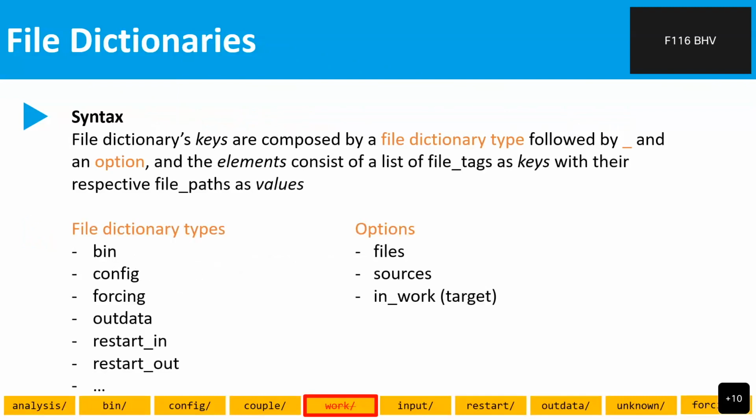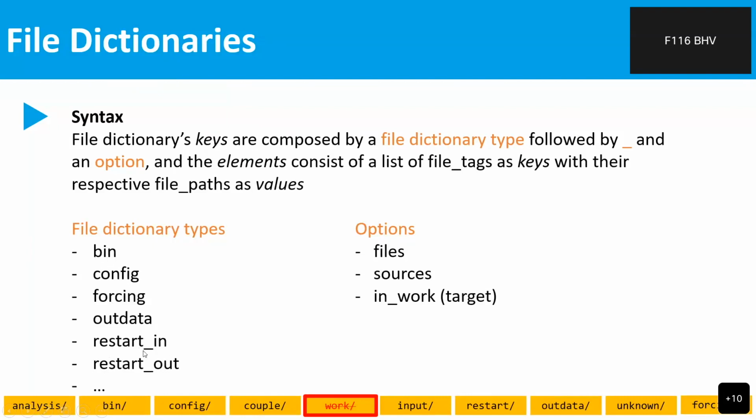The syntax of the keys of this dictionary is composed of 2 elements, separated by an underscore. The first element is the file dictionary type, and that would be, for example, the binaries, or the configs, or the forcings, or the out data.